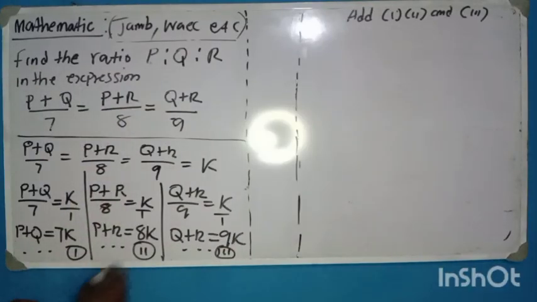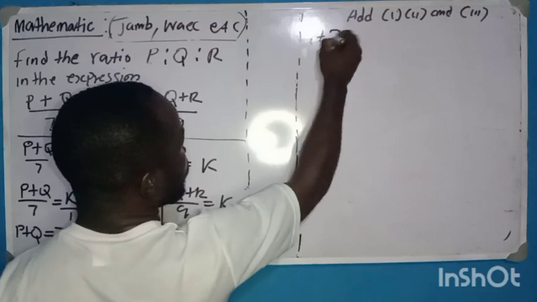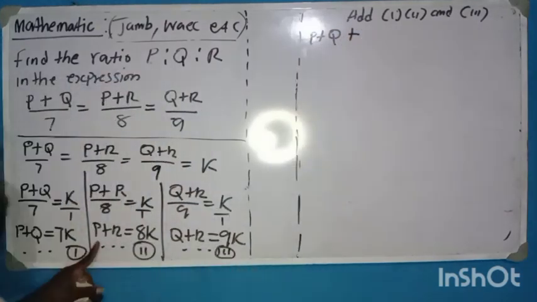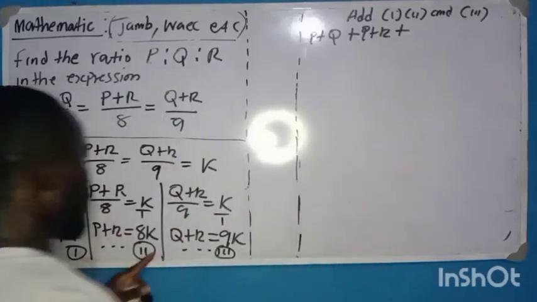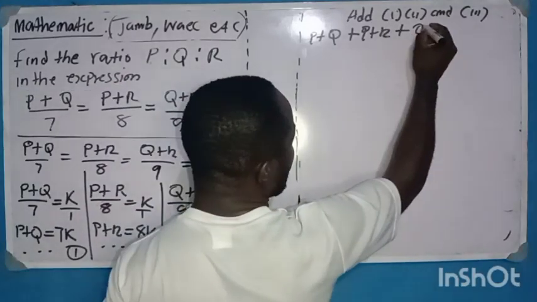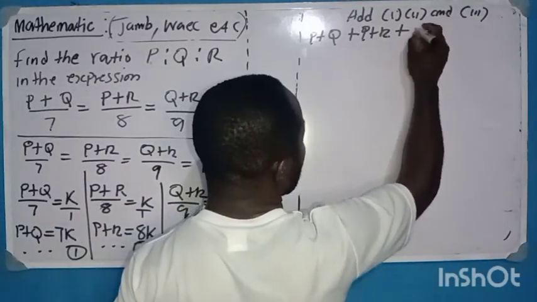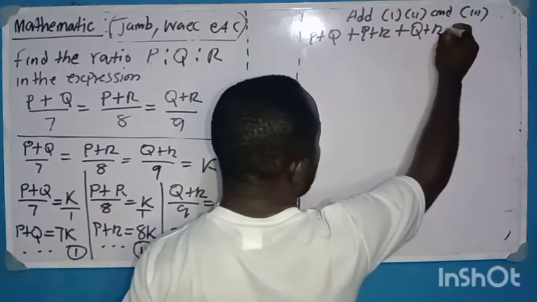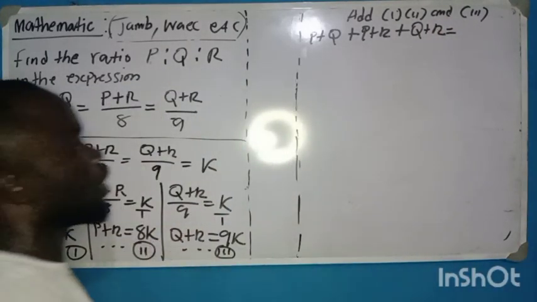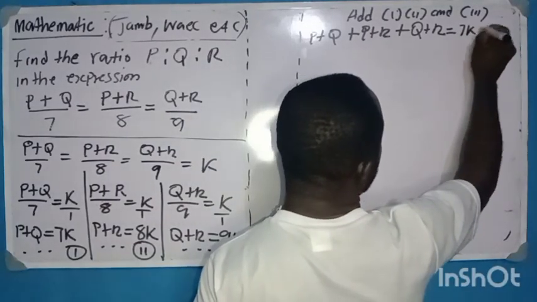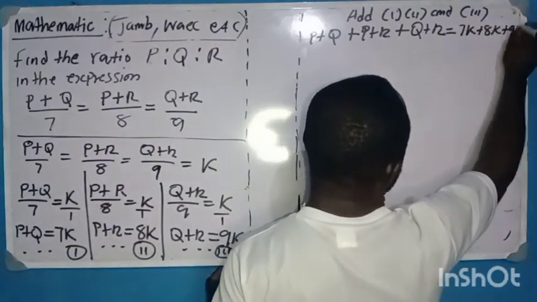P plus Q equals 7K. That is P plus Q, plus equation 2, P plus R, plus equation 3, Q plus R is equal to, you will add the constants, 7K plus 8K plus 9K.